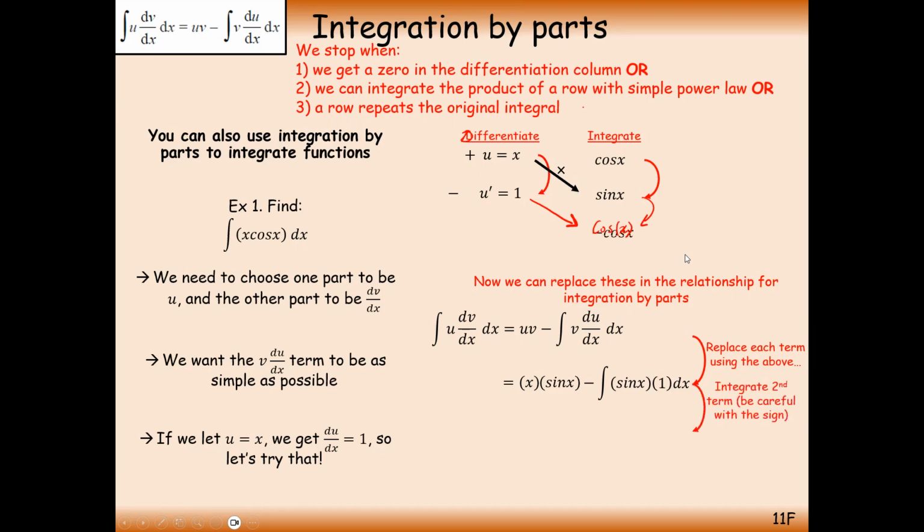And finally, we get cosine, and it doesn't need a negative sign because the negative sign is coming from here. And as we said, we always integrate the last row, and the integral of 0 times cos is simply 0, so we don't need to write it.